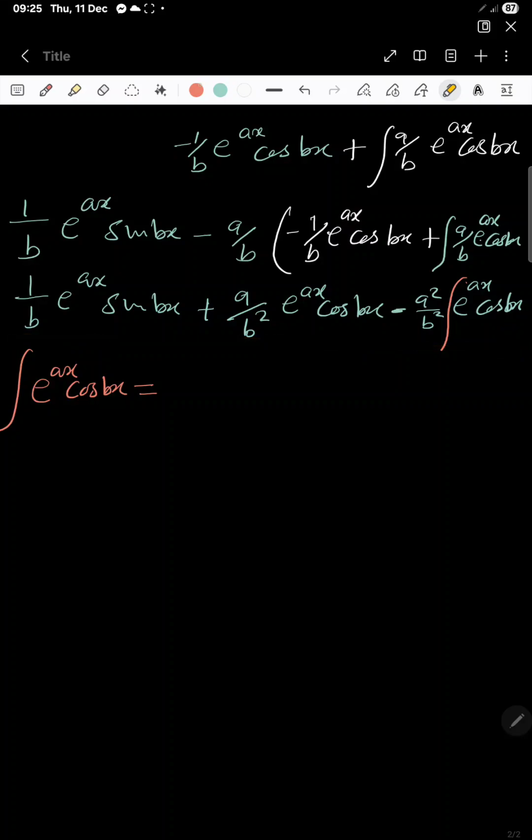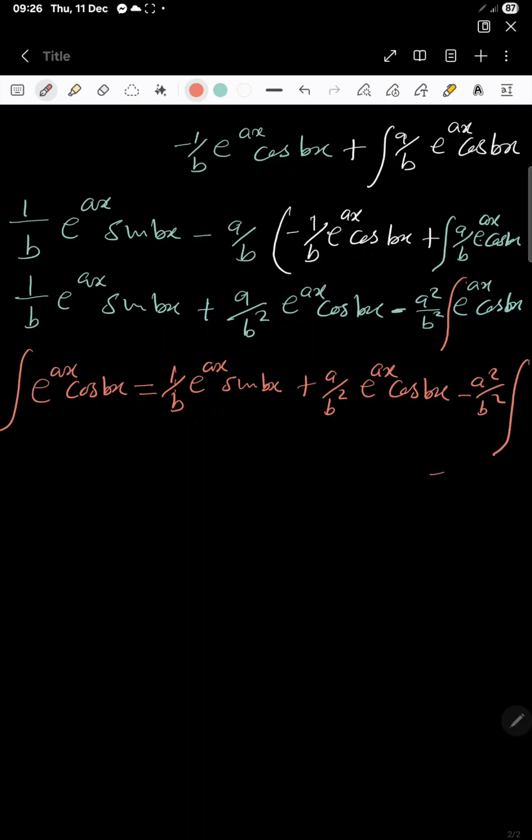So you say it is equal to 1 over b e to the power ax sine bx, and then plus a over b squared e to the power ax cos bx, and then minus this a squared over b squared, and then we have the integral of e to the power ax cos bx. So that's what we have.